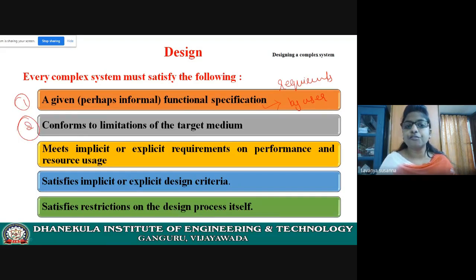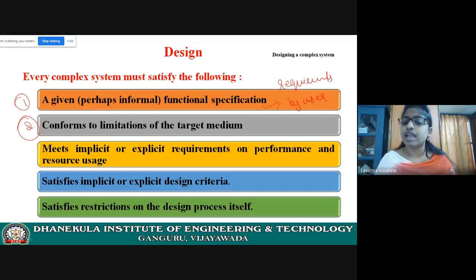Next one is conform to the limitations of the target medium. Every system will have some limitations according to the requirements. For example, take a 3G mobile. You cannot expect very high data transfer rates or very enhanced security.